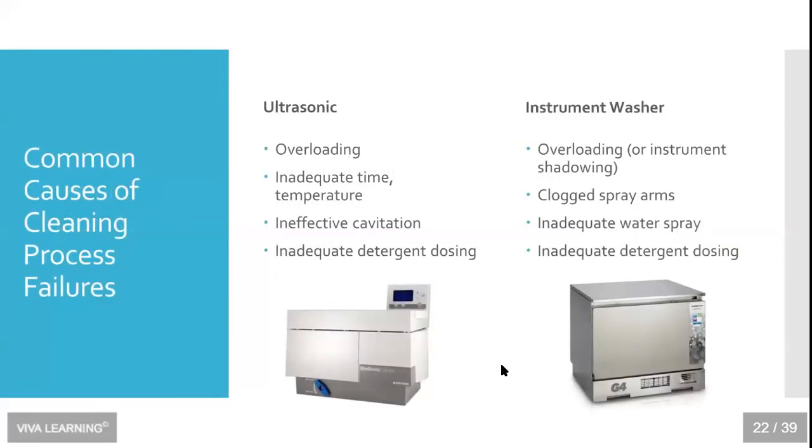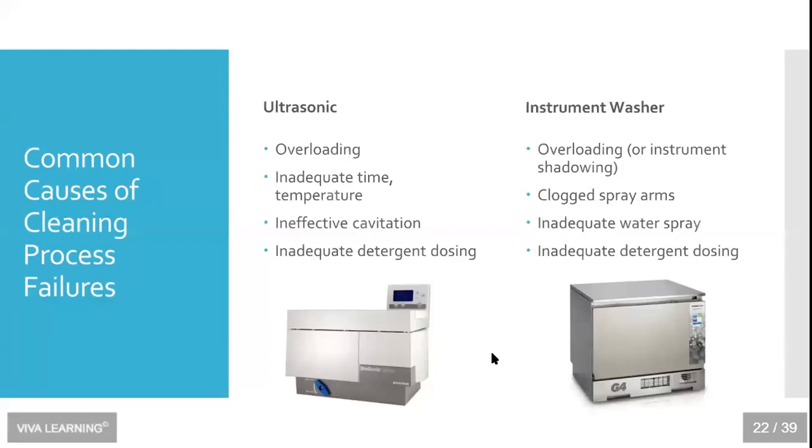Now, common causes of cleaning process failures. I'd take a close look at this slide because this will also be in your assessment at the end of this course tonight. The main cause of cleaning process failures is overloading, and overloading of the ultrasonic and overloading of the instrument washer are both common causes of process failures.